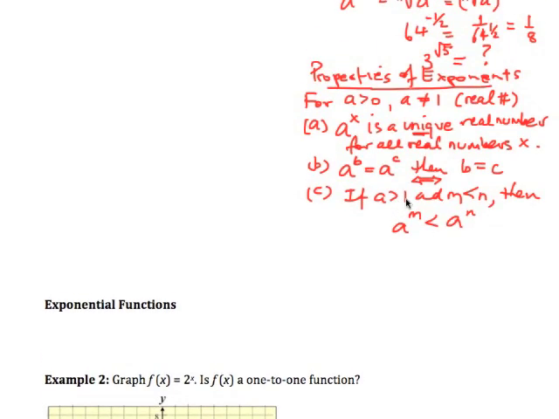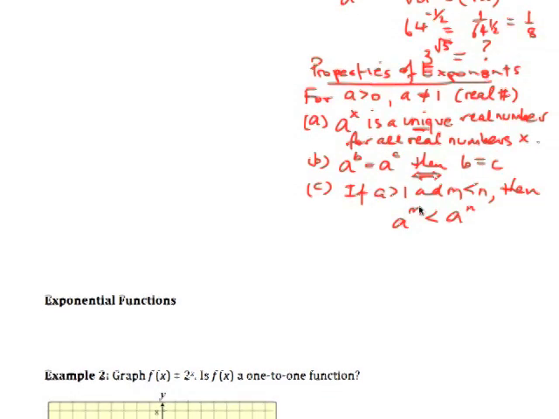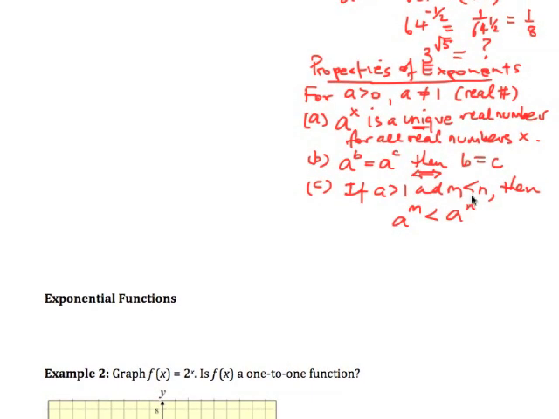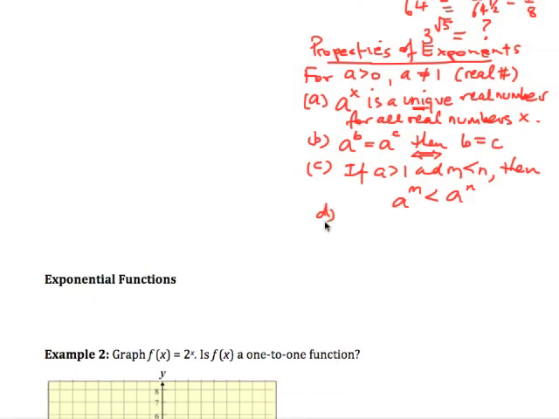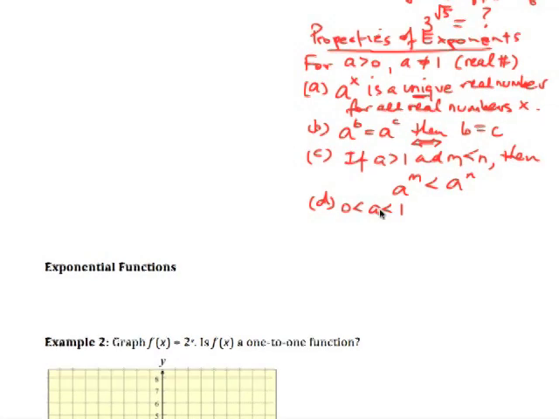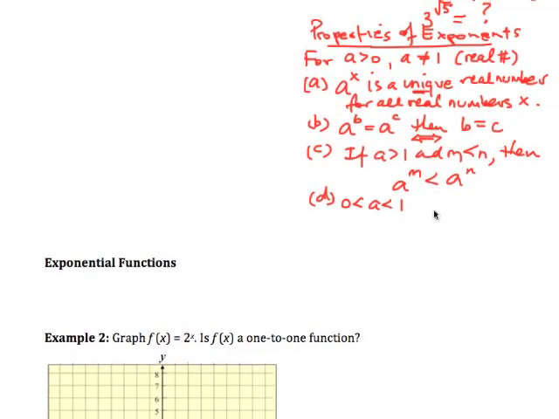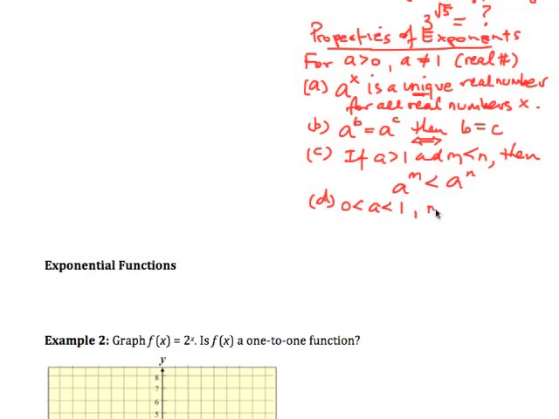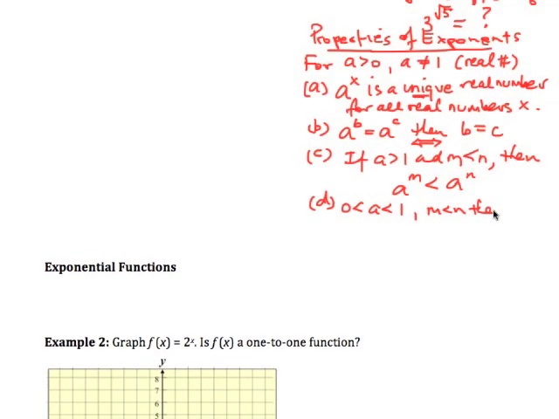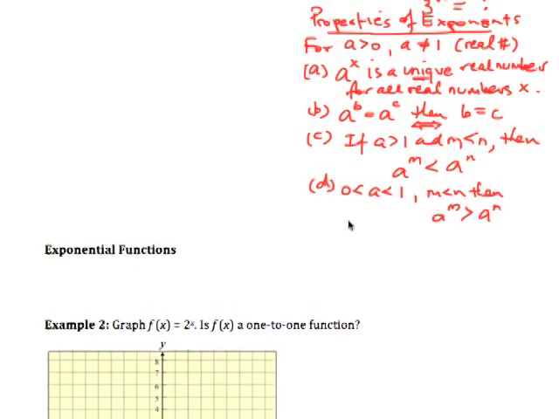So as long as a is greater than 1, then a smaller exponent produces a smaller number when raised to that power than the number that's raised to a higher power. However, if I have a is between 1 and 0 now, notice it's still greater than 0, but now it's between 1 and 0, like it's a half or something like that, and we still have that m is less than n, then we have that a to the m will in fact be greater than a to the n.